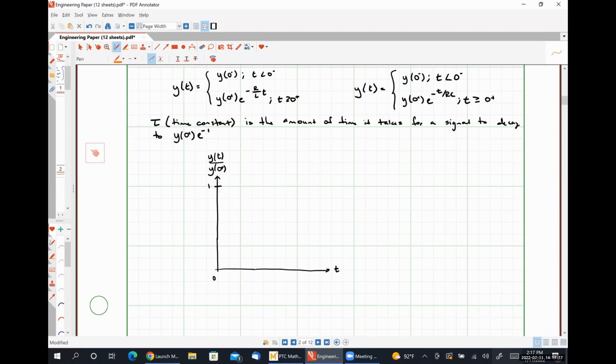As time progresses, we're going to have our exponential decay like so. And at exactly 1 time constant, the value of this ratio is e to the minus 1. Which is 36.8%.